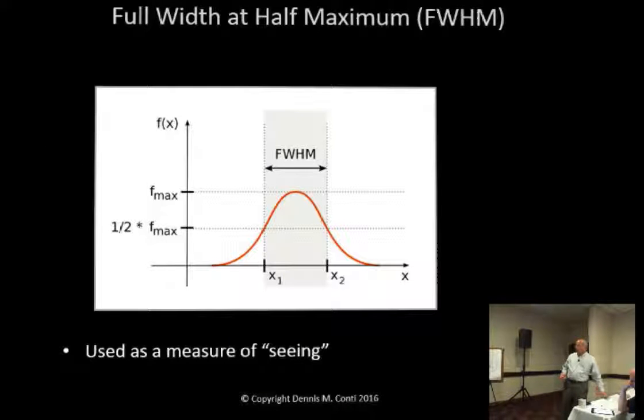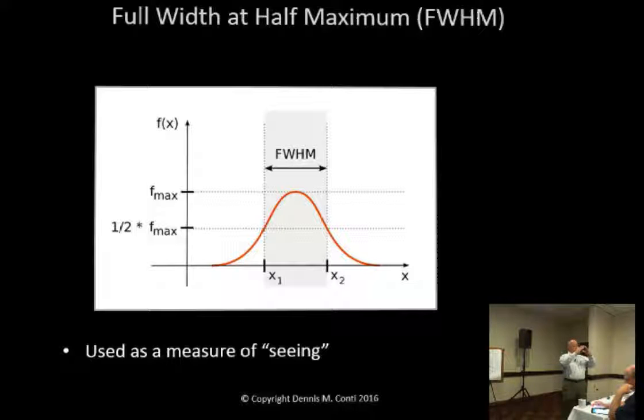All right, so if we take a look at that middle part of the airy disk, which is this hump here, a commonly accepted measure of the brightness of that star is to say what's halfway up the maximum, which is this line here, and what's the width across here where that line intersects the curve.